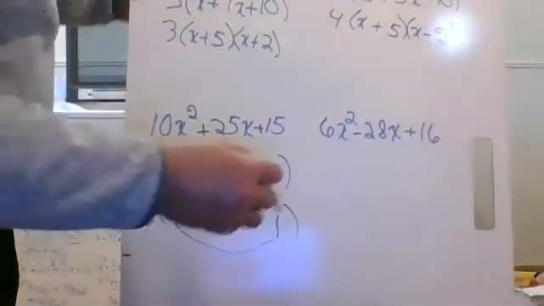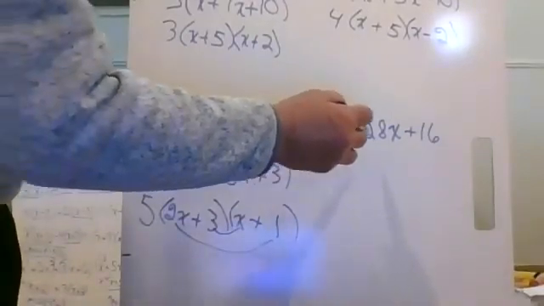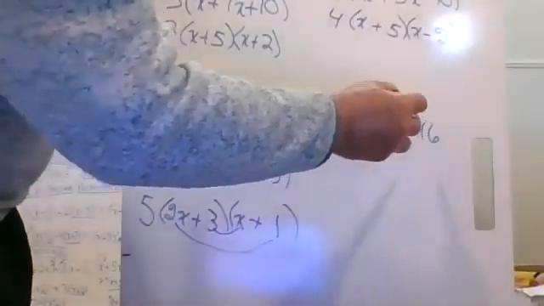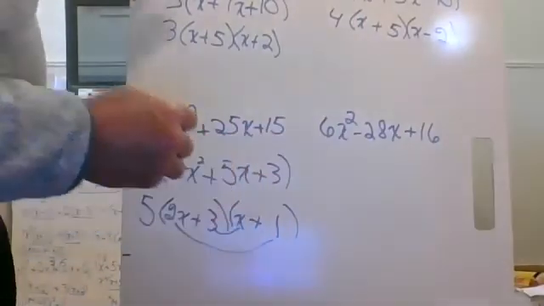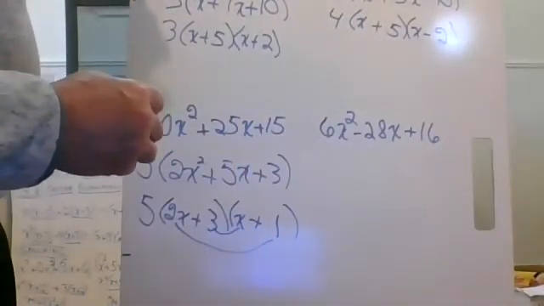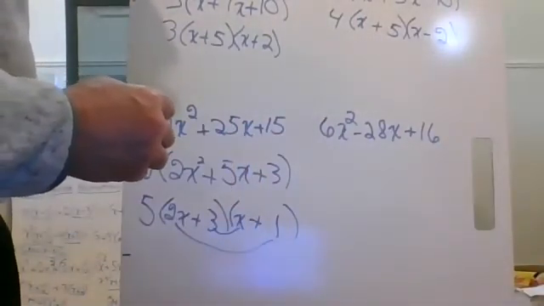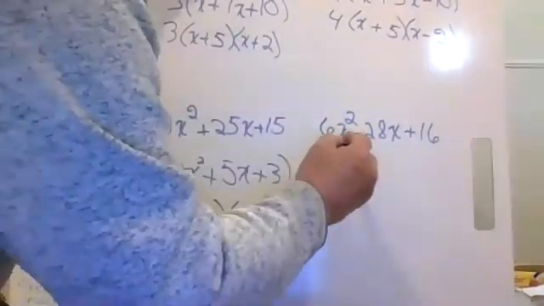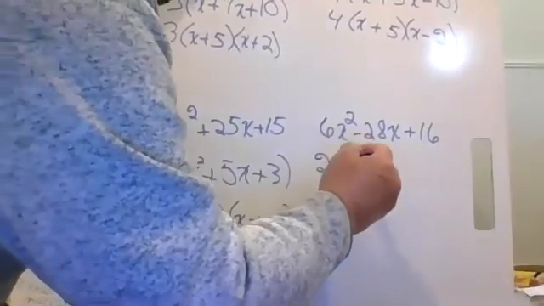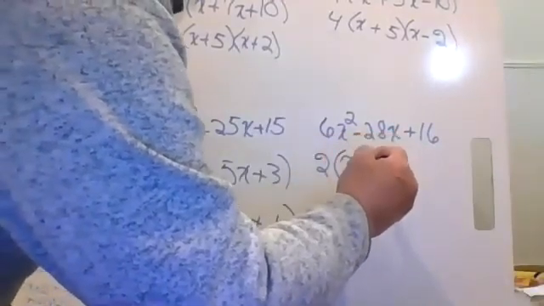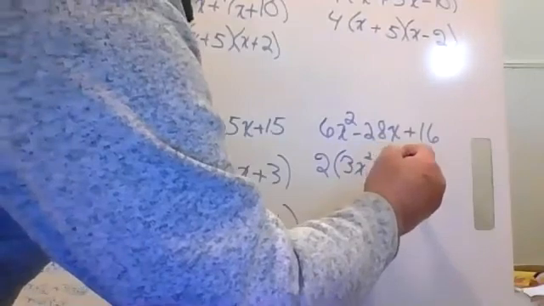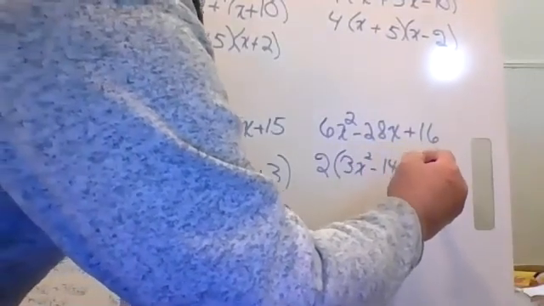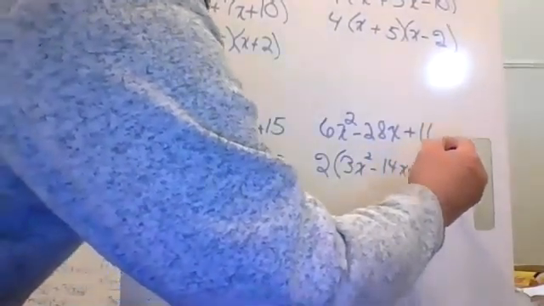Okay, and the last one, we have a 6, a 28, and a 16. So what does it look like here? It looks like a 2 maybe. I think it's going to be a 2, and that would leave us with 3x squared minus 14x, and then a plus 8.